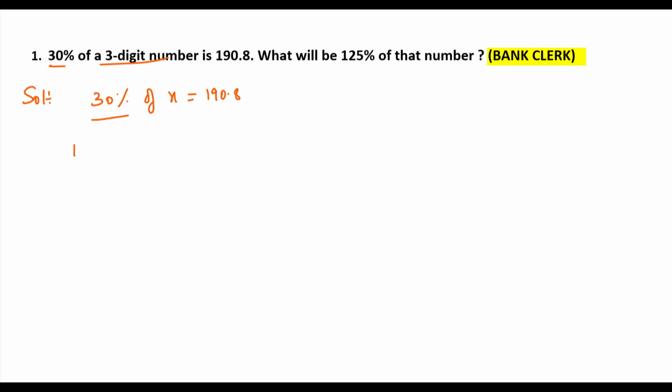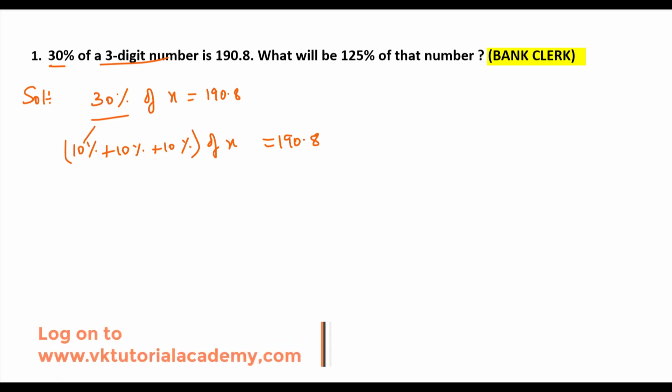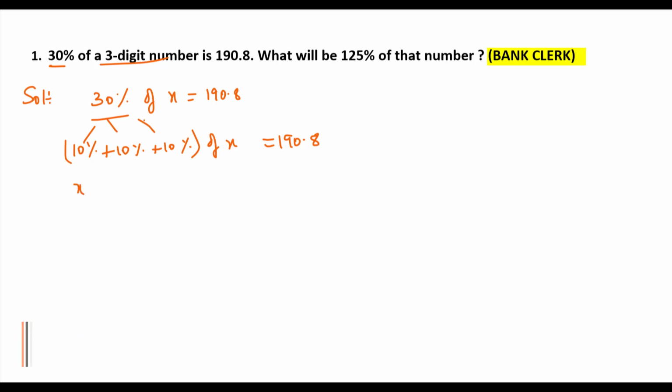30% should be divided into 10% plus 10% plus 10% of x, which should give us 190.8. Why should I split into 3 tens? Because we know that 10% of any number should be divided by 10. 10% of x will give x by 10, and 10% of x again x by 10, which is equal to 190.8.